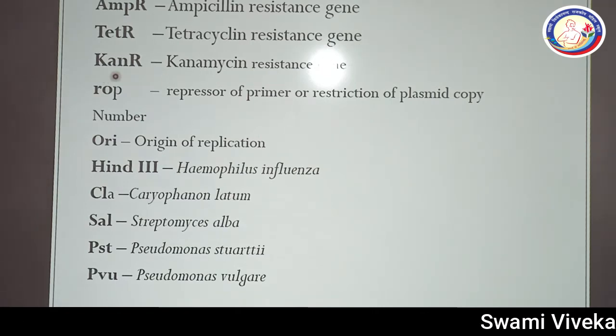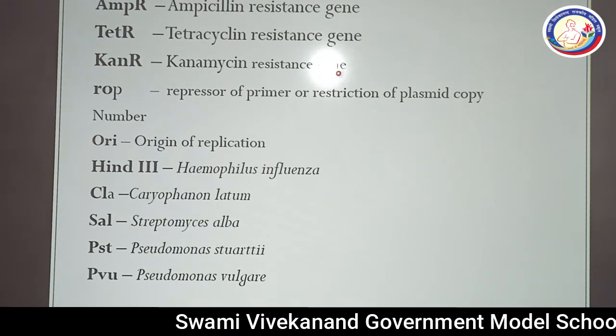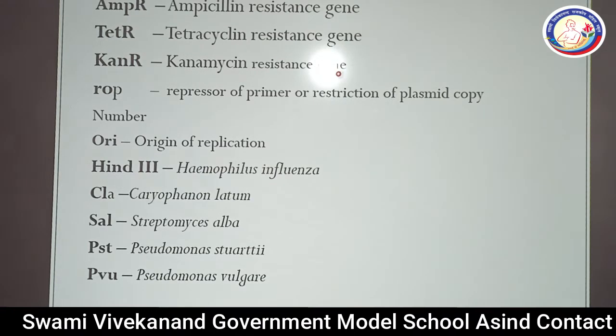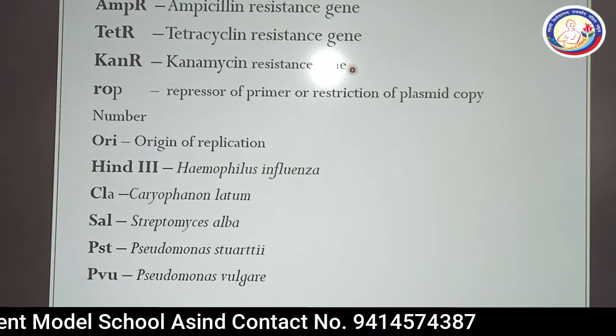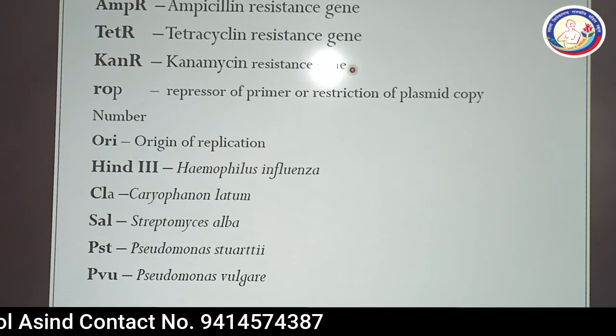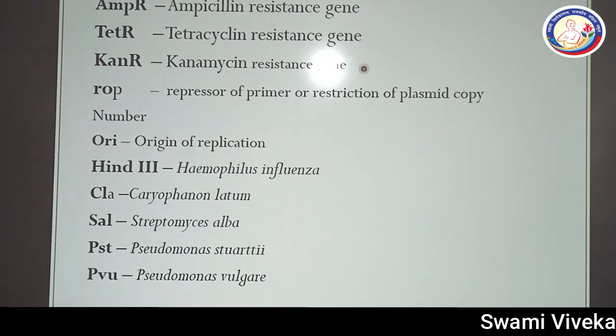The third one is KANR, kanamycin resistant gene. So you can see these are the genes which are used as selectable markers, and these are artificially inserted in the plasmid in the laboratory. So these genes can be used.